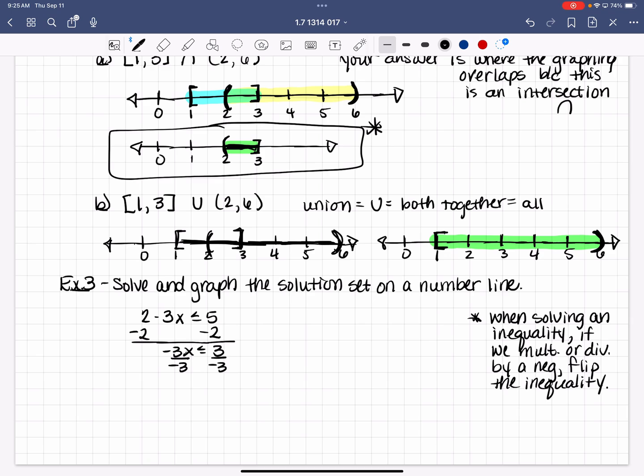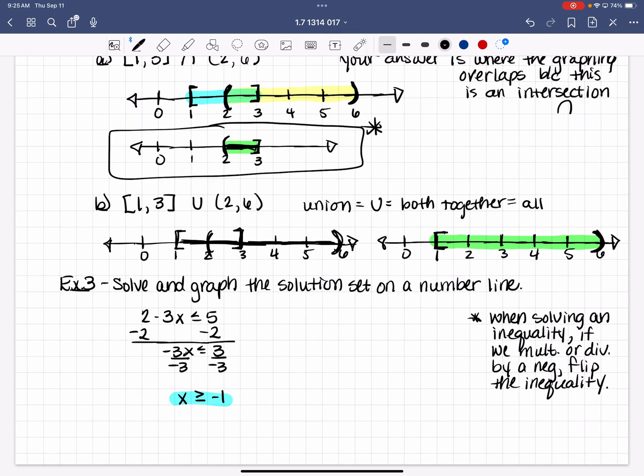Okay? So I'm dividing by that negative 3. So this is going to be x is greater than or equal to negative 1. Correct? There's the first part of our answer we solved.